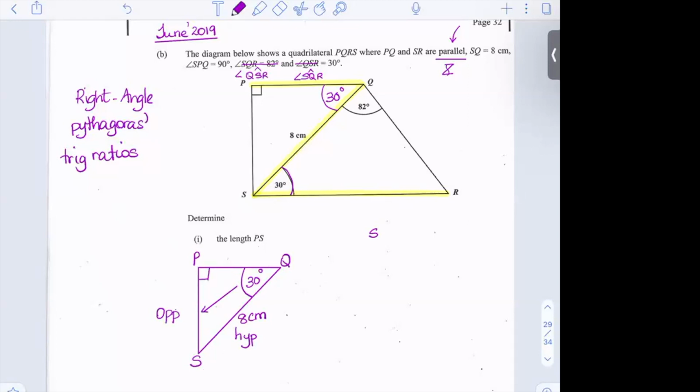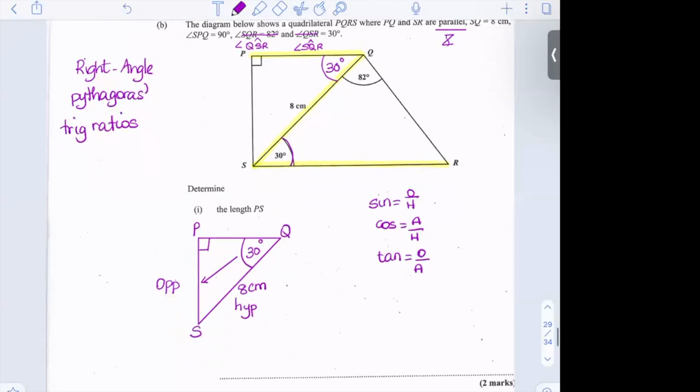Which of the trig ratios am I going to use? Sine, cosine, or tangent? I want to find the opposite and I have the hypotenuse. Why?